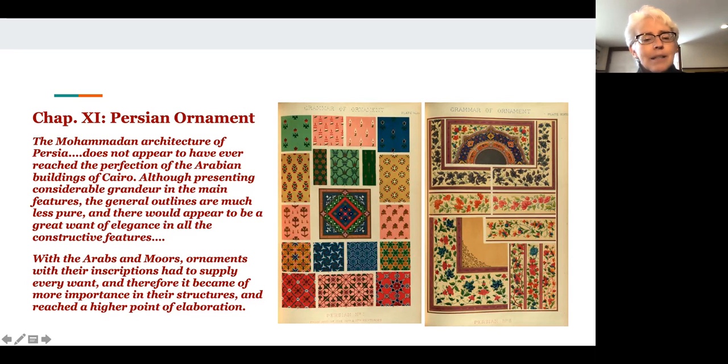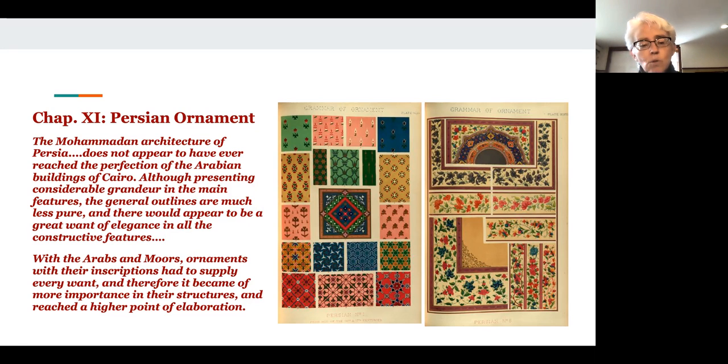The Mohammedan architecture of Persia does not appear to have ever reached the perfection of the Arabian buildings of Cairo. Although presenting considerable grandeur in the main features, the general outlines are much less pure, and there would appear to be a great want of elegance in all the constructive features. With the Arabs and Moors, ornaments with their inscriptions had to supply every want, and therefore it became of more importance in their structures and reached a higher point of elaboration.